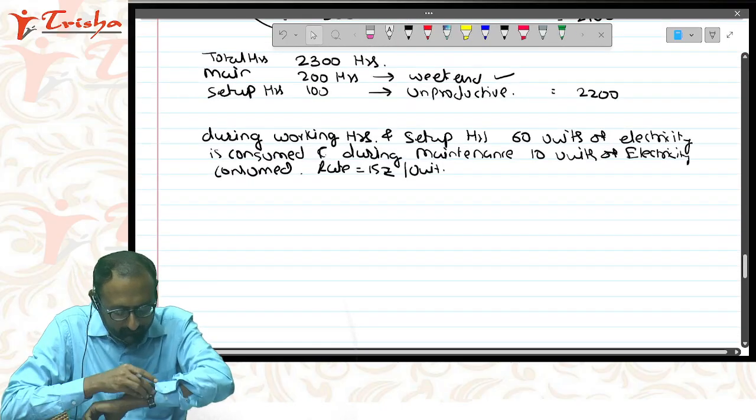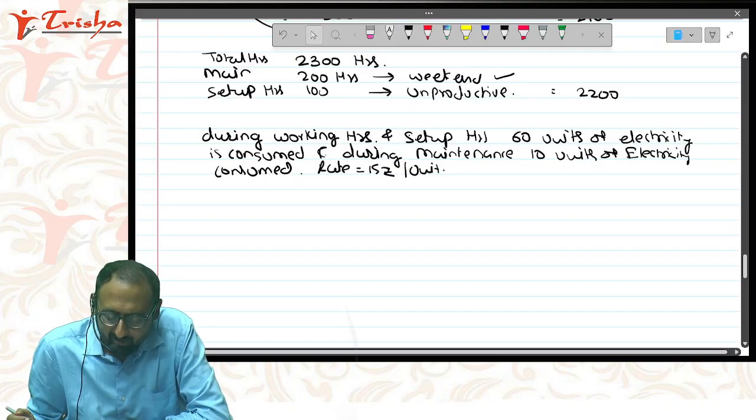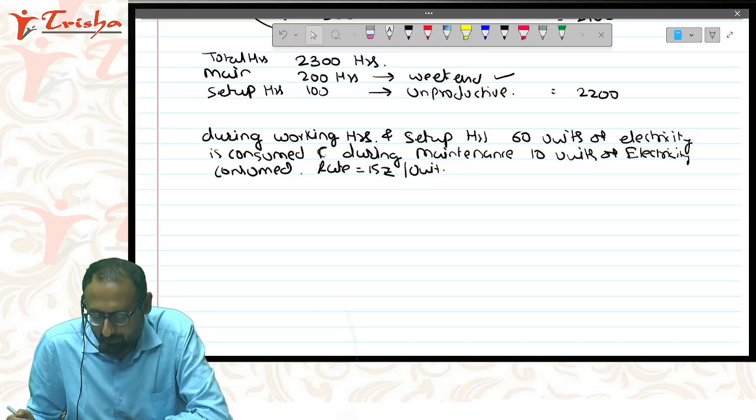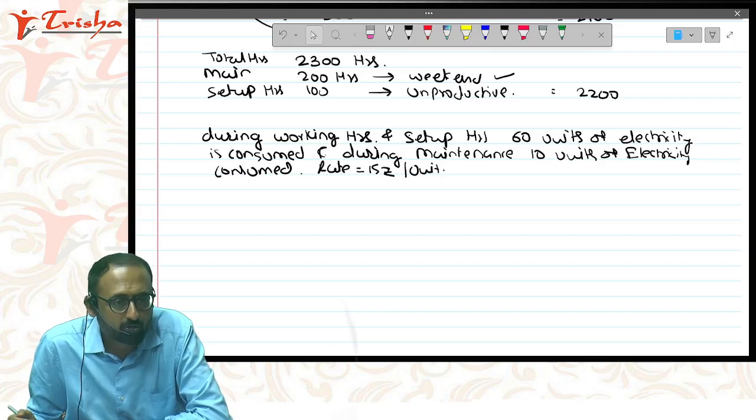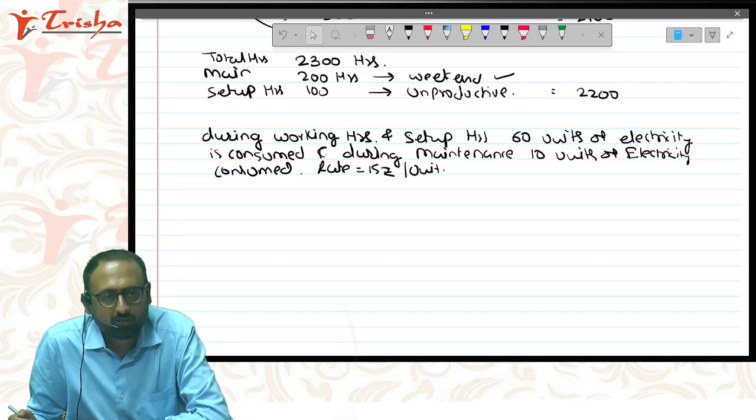What I have given there. During the working hours and setup hours, the machine consumes 60 units of electricity. During the maintenance hours, 10 units of electricity are consumed, and the rate is 15 rupees per unit of electricity. Calculate power expenses, calculate electricity expenses. You'll have to calculate, sir. Tell me what will be the electricity expenses. I'll give you some time to think. You'll have to answer.